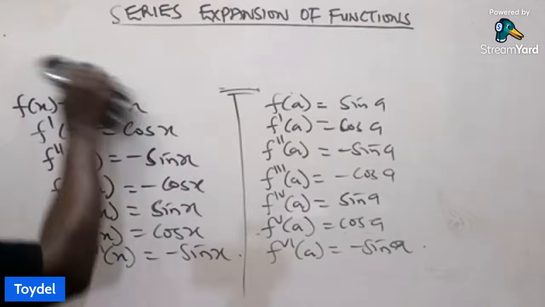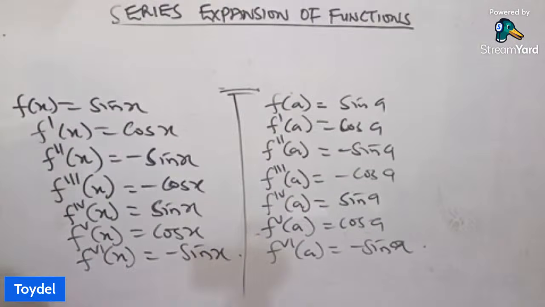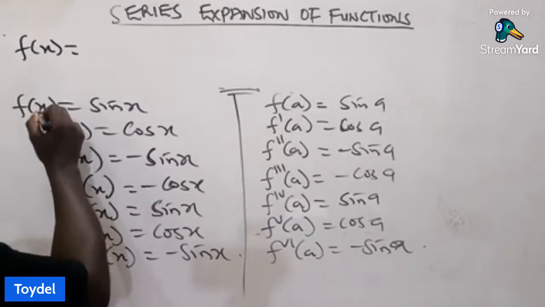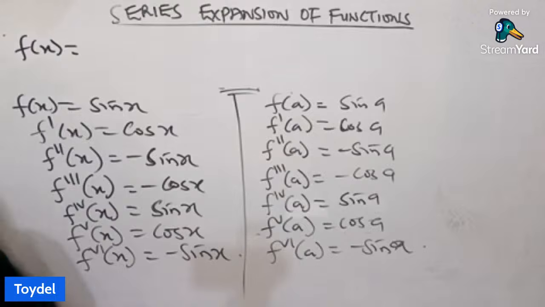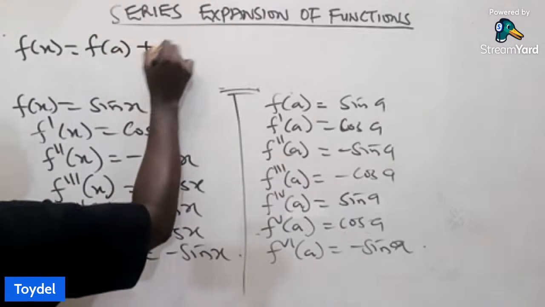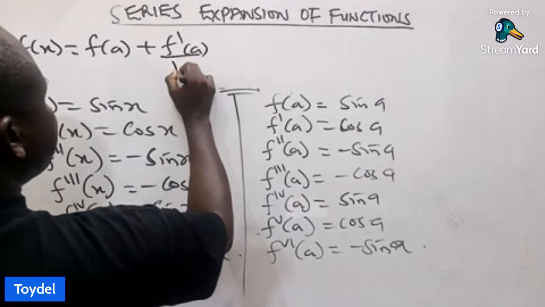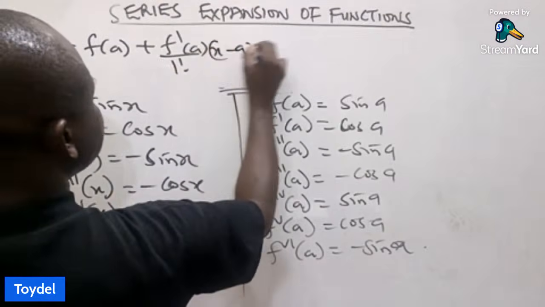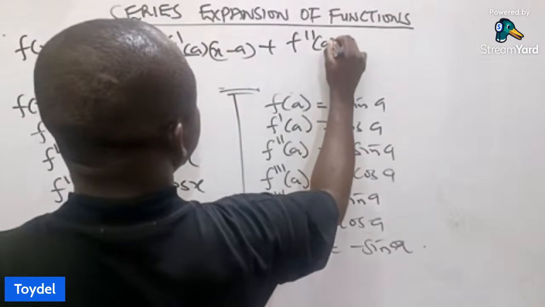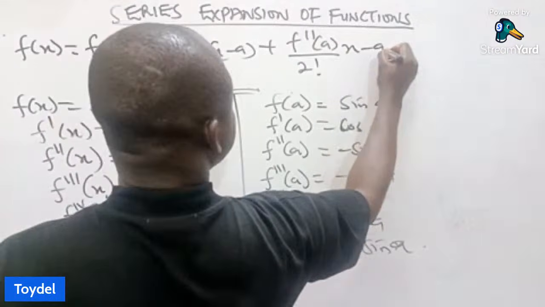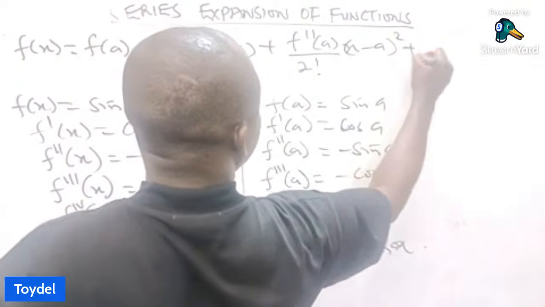We know f of a up to f6 of a, we know the values. So by the Taylor series formula, f of x is equal to f of a plus f prime of a all over 1 factorial times x minus a, plus f prime prime of a all over 2 factorial times x minus a squared, plus dot dot dot.